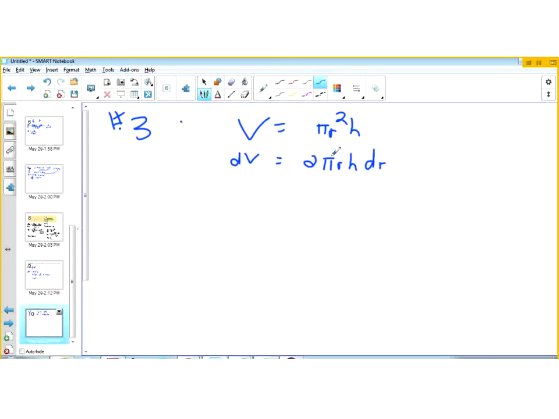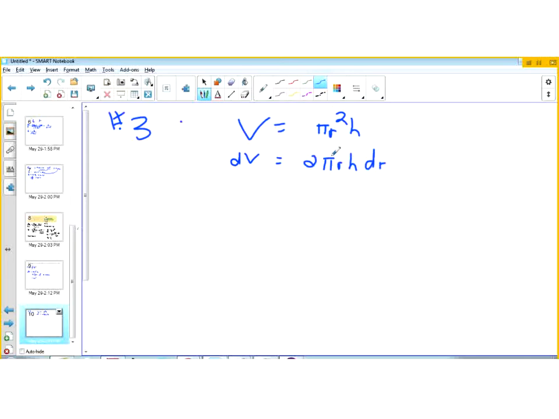So this would be the approximation of the volume of a cylindrical shell. It's a shell, so it's hollowed out in the interior. And you'll use this a lot in Chapter 6.